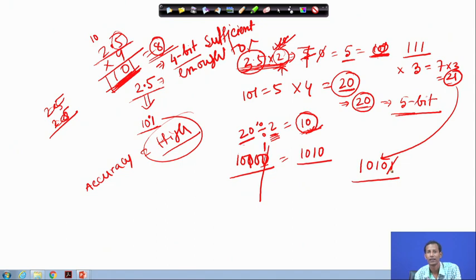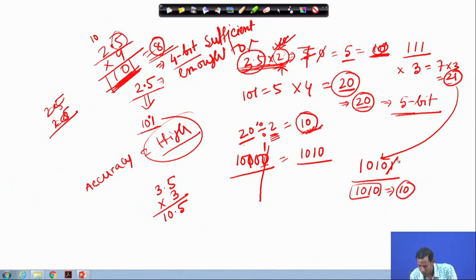If I discard the LSB, the result will be 10, but in actual fact 3.5 multiplied by 3 is 10.5. So because of the truncation of this LSB, I accumulate an error of 0.5 here.